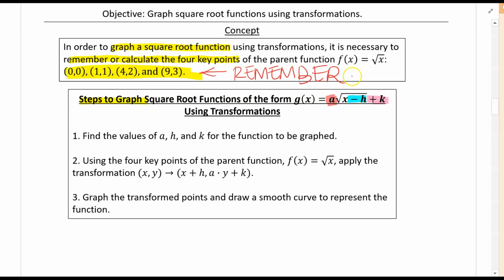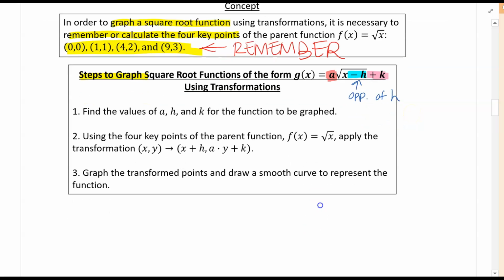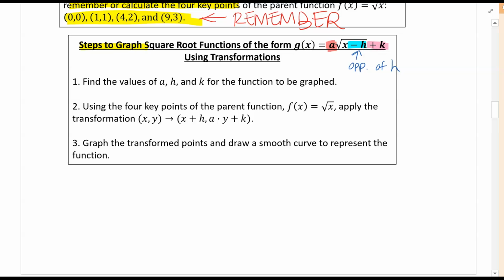But don't forget for H, you have to take the opposite sign. So the opposite of H. So step number 1 is to find the values of A, H, and K. So you need to know A, H, and K from the equation.